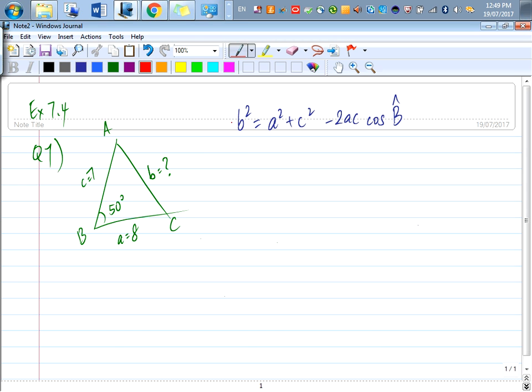So when I want to find the side b, my angle will also be B. Okay, this is the pattern that you'll notice as long as you use your cosine rule frequently enough. Okay, so based on this, I can substitute in numbers. What I will have is b square equals to 8 square plus 7 square minus 2 times 8 times 7 cosine 50 degrees.